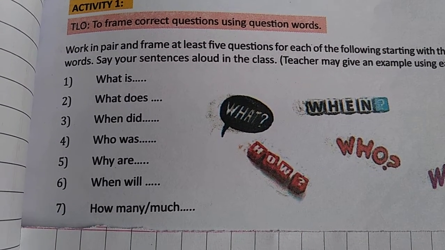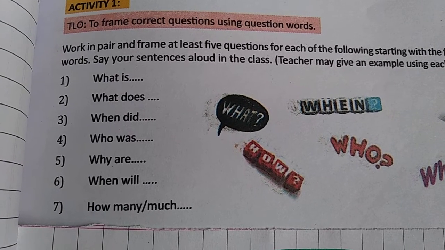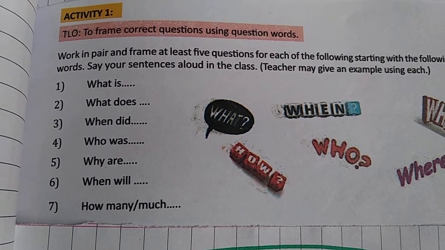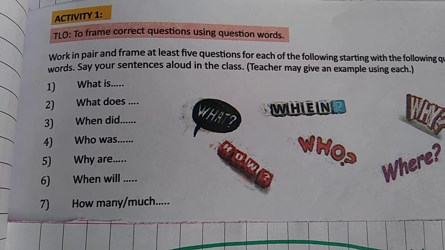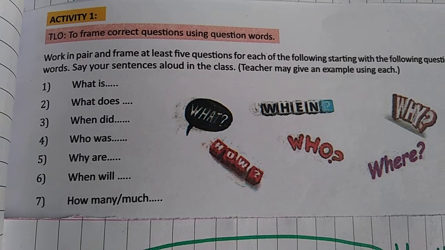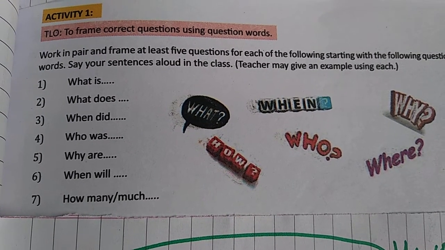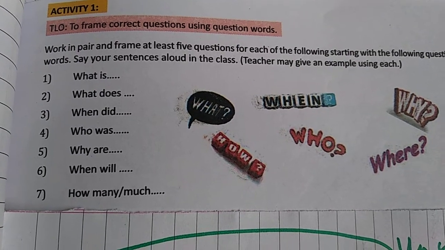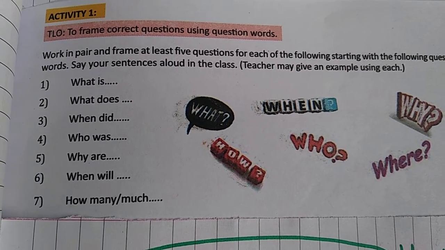We are going to make interrogative sentences. So these words are going to be used to ask questions. Sometimes, children, you will see that these words are used not in the form of asking questions. They just come in between the sentences.